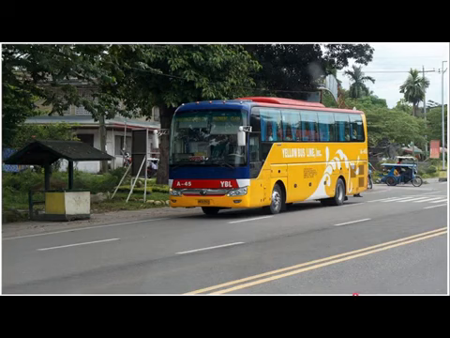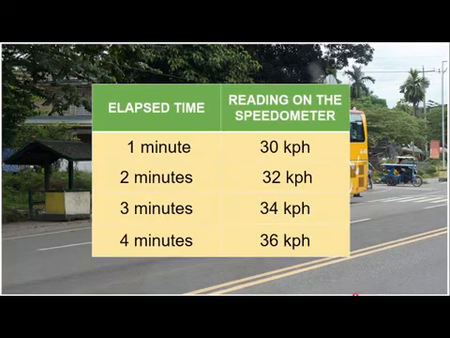This time, the readings on the speedometer change to this. So from 30 kilometers per hour, it becomes 32 kilometers per hour, then 34, then to 36 kilometers per hour. So how will we describe the motion of the bus? So let's observe this.